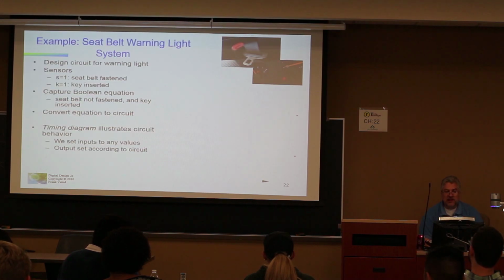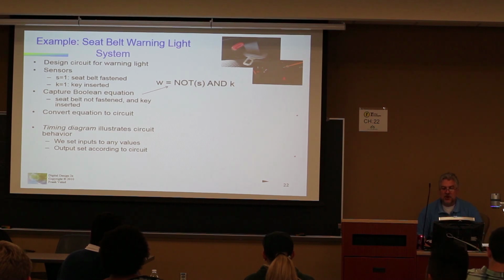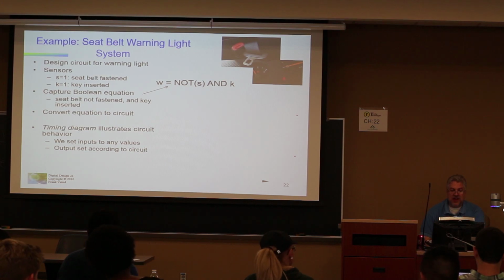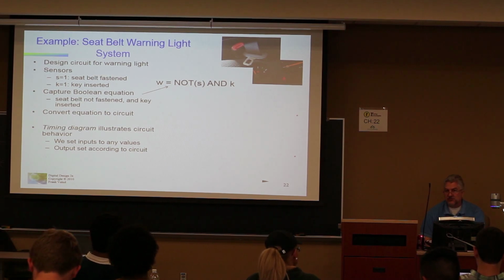So let's take a look at another example. We have a seatbelt warning system, and it used to be that I had the exact same car that he had, but I got rid of the car because it was a gas guzzler. So we have here that our seatbelt warning system will be on when the seatbelt is not fastened and the key is inserted.